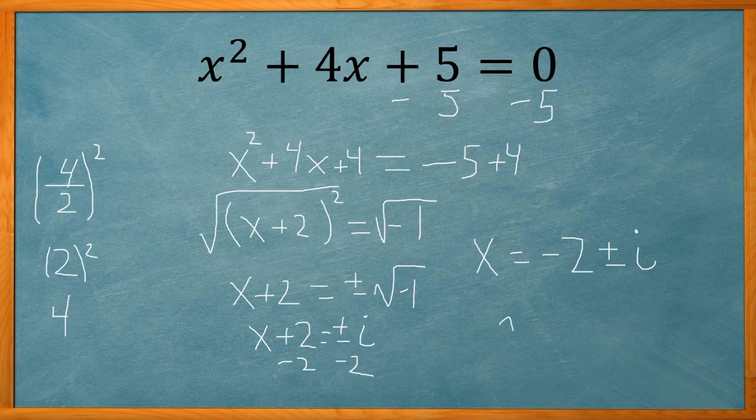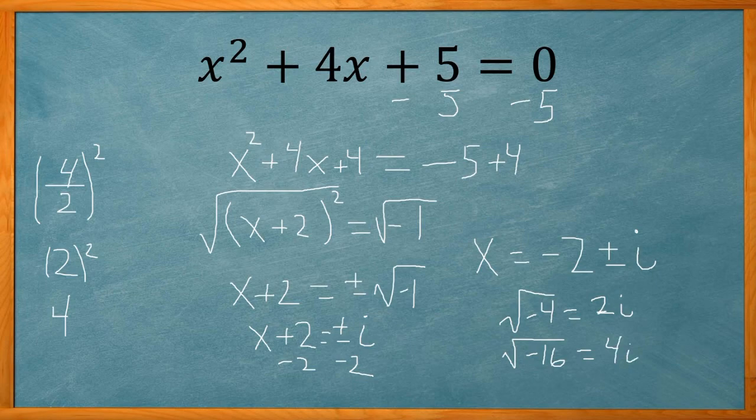So the square root of -4 will end up giving you 2i. The square root of -16 will give you 4i.